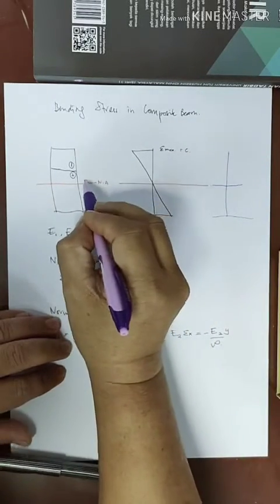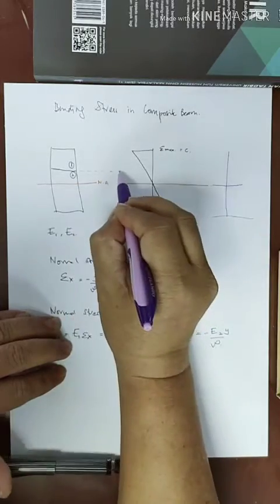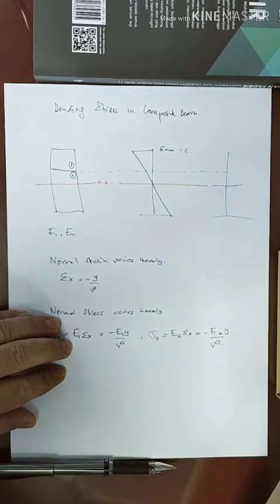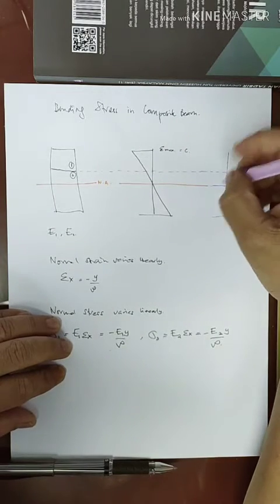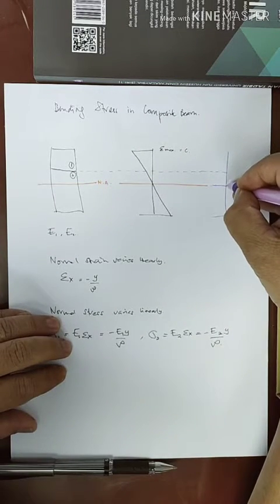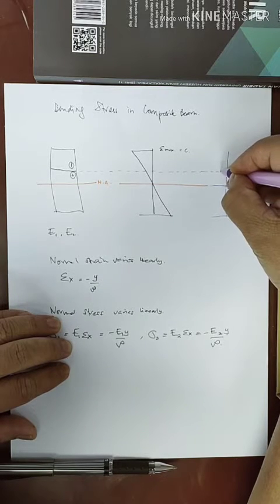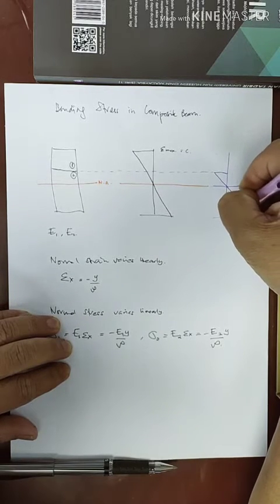These are the parts. So for material 1, it behaves something like this.